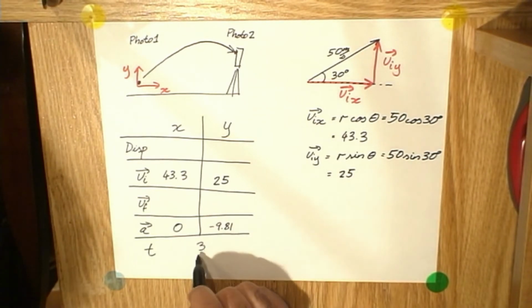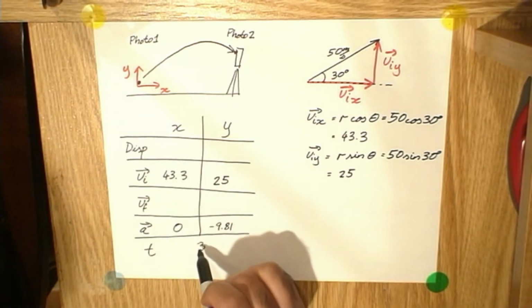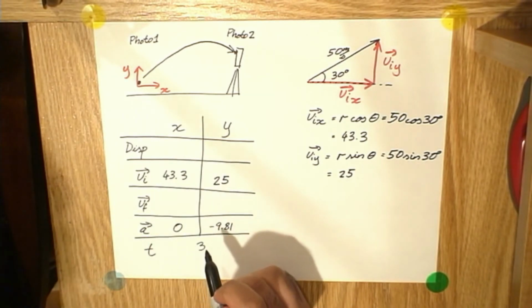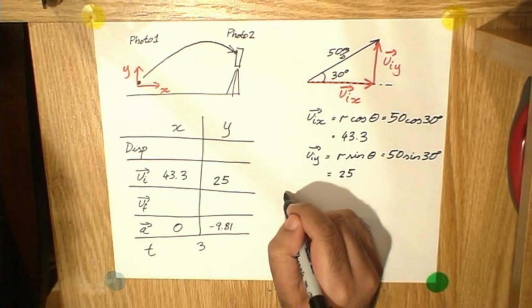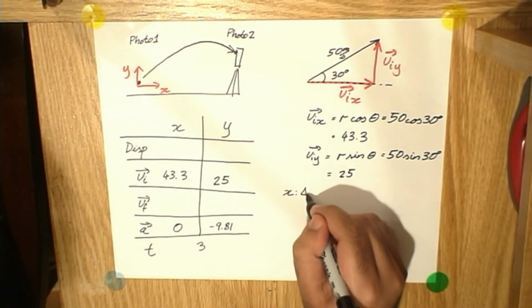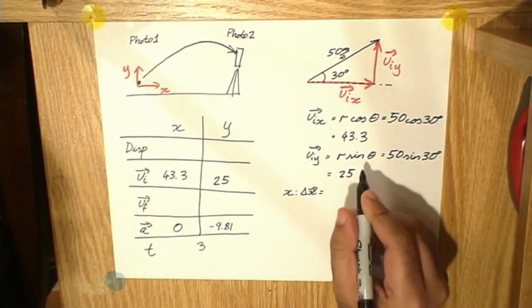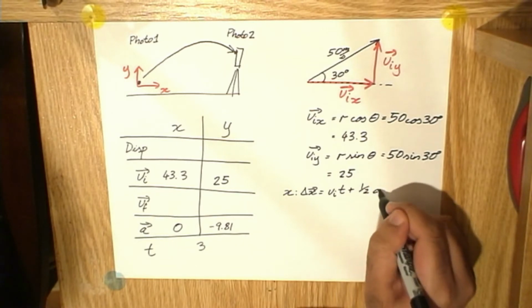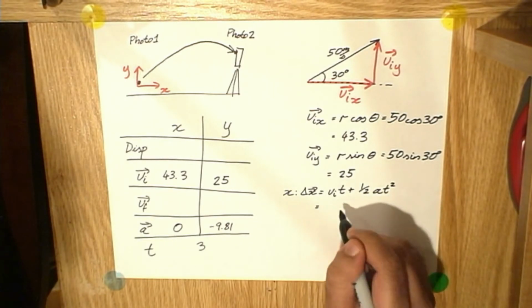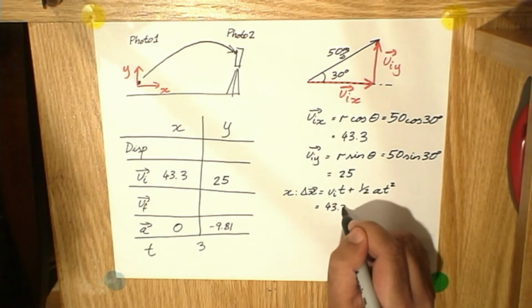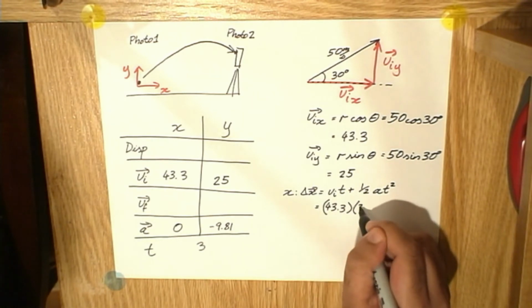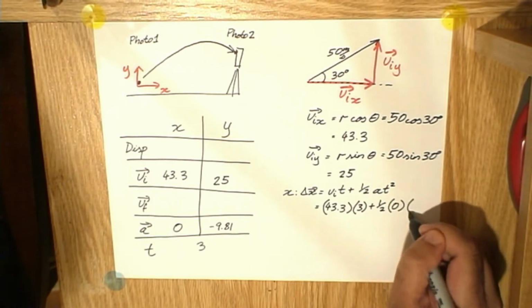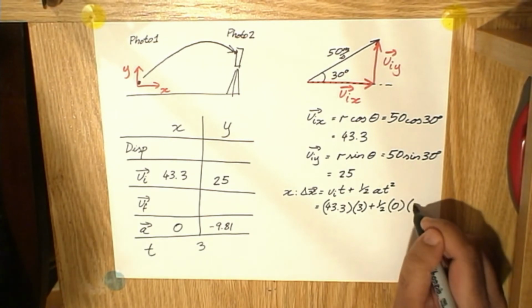So now we have 3 pieces of information in both the x direction and the y direction, and we can solve for the displacement. In the x direction, the displacement is going to be given by v initial times t plus 1/2 a t squared, which is 43.3 times time, 3 seconds, plus 1/2 times 0 times 3 squared.